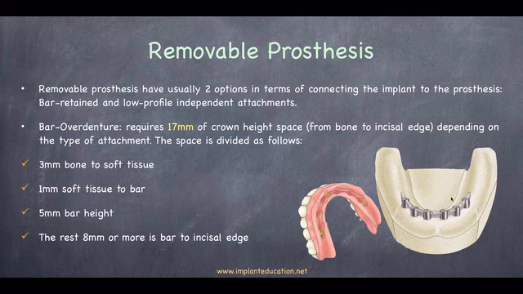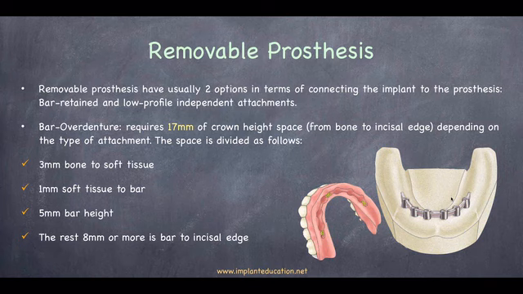And then from the literature, I found the number 8 millimeters, which is the minimum acceptable for the thickness of the acrylic. So again, 3 plus 1 plus 5 plus 8 comes to 17 millimeters, and it's a very important number. If the patient lost his teeth a long time ago, chances are you have that much and more.